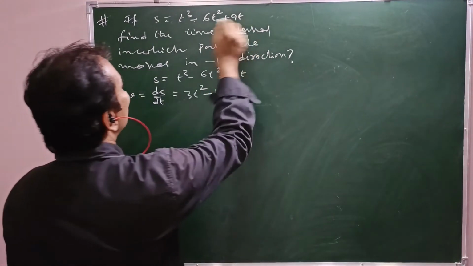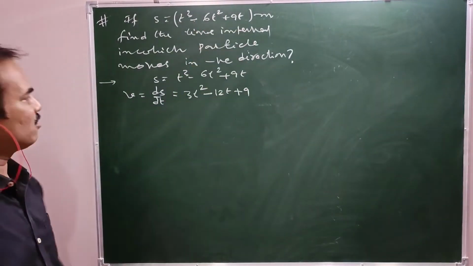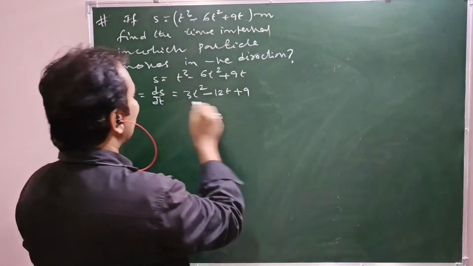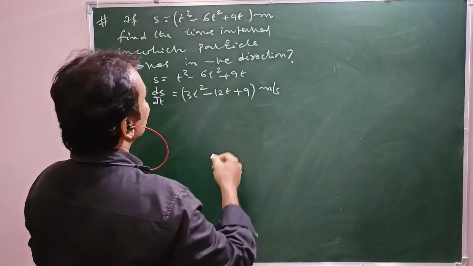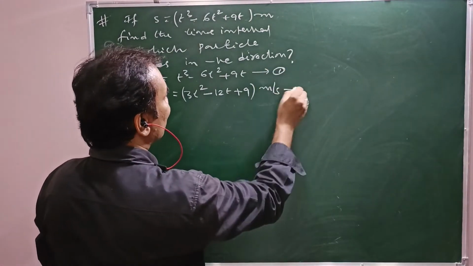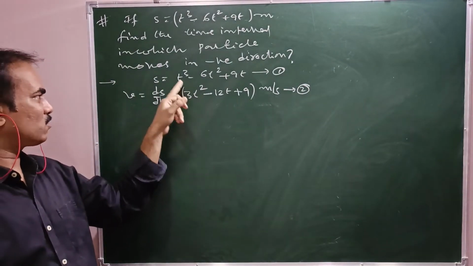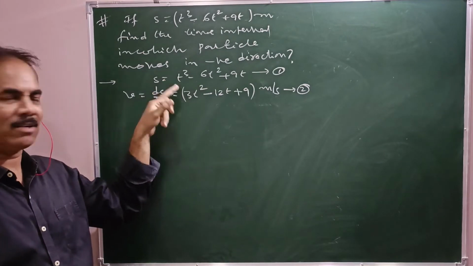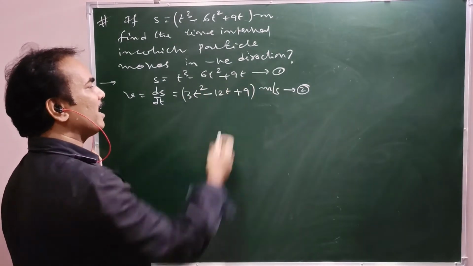Displacement is in meters, so velocity is in meters per second. So velocity is 3t square minus 12t plus 9.